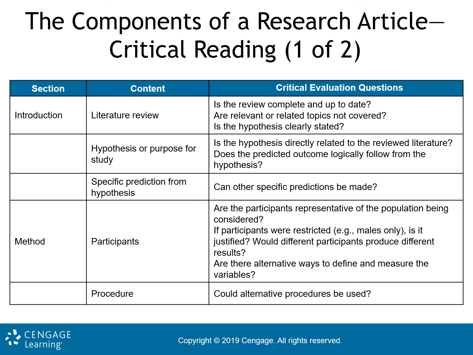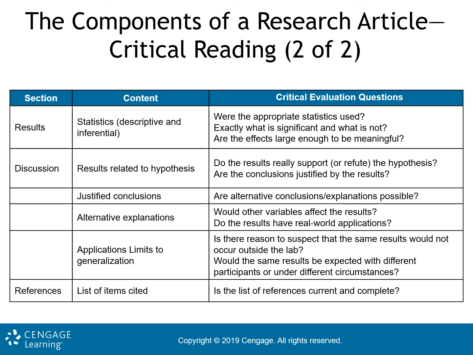Generally the introduction will review the literature and explain the hypotheses. The method will describe the participants and the procedure and the measures. Results will describe the statistics, and then the discussion circles back around to the results, describes them in terms of hypotheses, and explains what was found and how we interpret it.